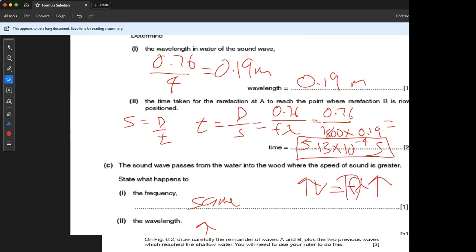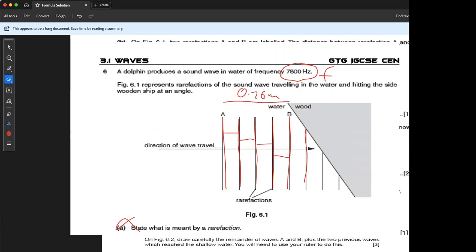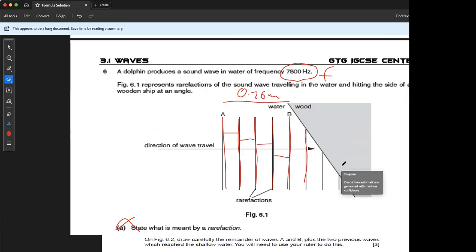Now we got sound wave. This one, this sound wave going into wood. First question, faster or slower? Faster. Yeah, the sound wave is going to be faster, right? So if it's faster, will it slant? Will it lead forward or will it lag behind? It will lead forward.